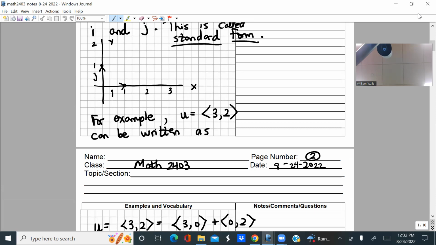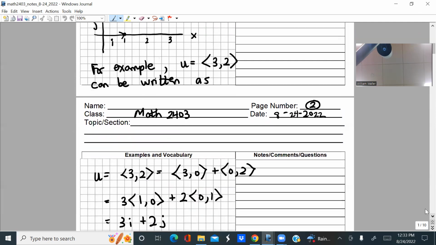Suppose we have this vector u in component form, just these two simple components, 3 and 2. Notice I can rewrite u as the sum of these two vectors. Here this vector would go 3 units horizontally to the right, and this vector would go 2 units vertically up, right?